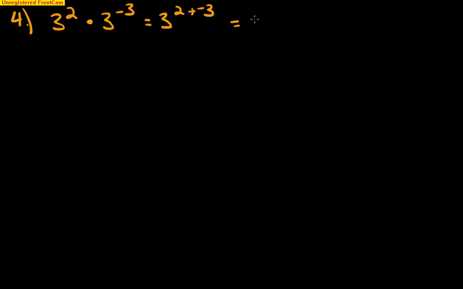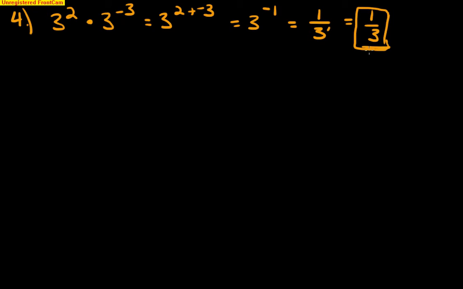Add the exponents, net result is a negative 1. Remember, 3 to the negative 1 is the same thing as 1 over 3 to the positive 1. Just assume that there's a 1 there, so it's really just 1/3.